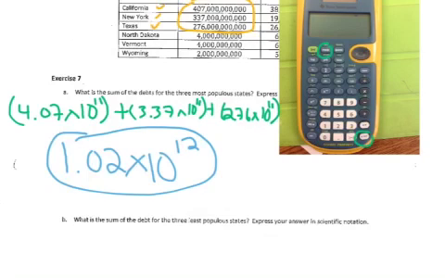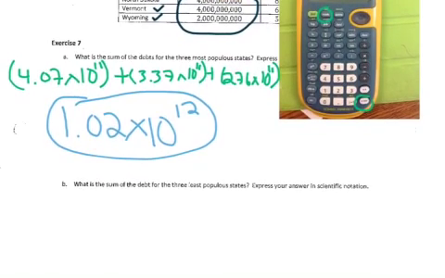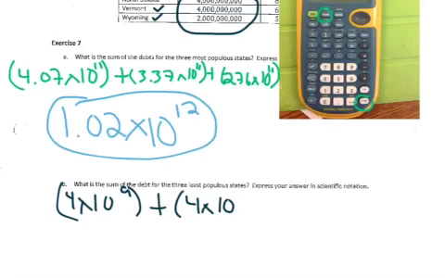So we would be dealing with North Dakota, Vermont, and Wyoming. If we look at the sum of their debts, which would be right here in this dark blue color, we're going to do the same thing as we did for question A. To rewrite North Dakota's in scientific notation, once you plugged it in your calculator, you would have 4 times 10 to the 9th power, plus for Vermont, you would have 4 times 10 to the 9th power, plus for Wyoming, you should have 2 times 10 to the 9th power.